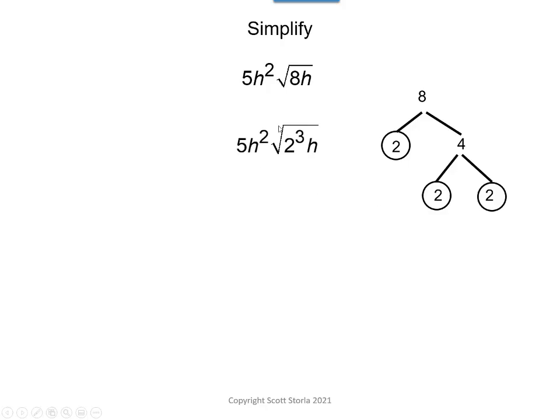Then 2 goes into 3 once, so we'll have a factor of 2 outside, with a remainder of 1, so we'll have a factor of 2 inside. And then the factor of h will just stay inside the radical symbol. We can still simplify, since 5 times 2 is 10, to 10h squared, square root of 2h.